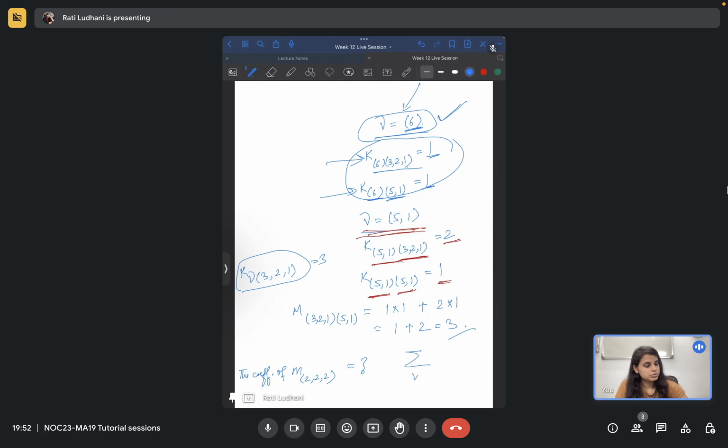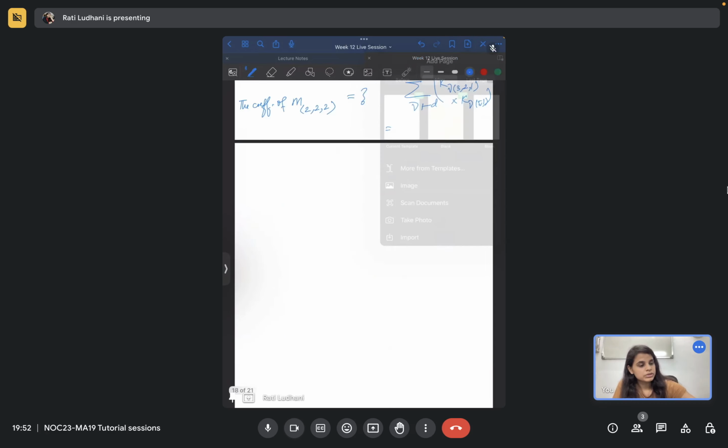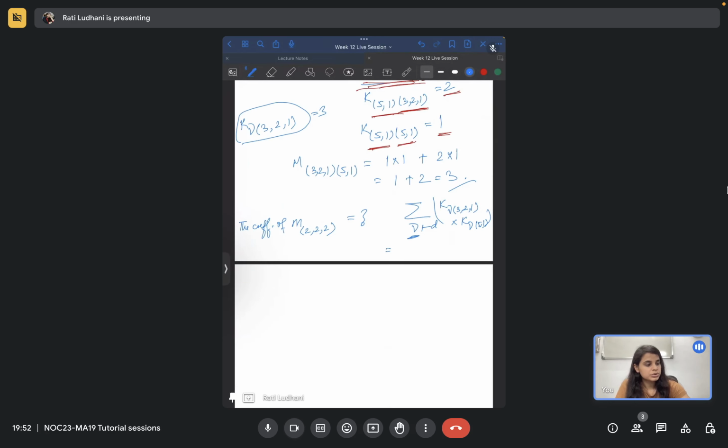You have summation over nu partition such that K nu 3 2 1 multiplied by K nu 5 1, and here you got only two options for the shape. Shape could be 6 or 5 1. You can write for every option, but you will get 0 because there are only two choices, plus K 5 1 3 2 1 into K 5 1 5 1.